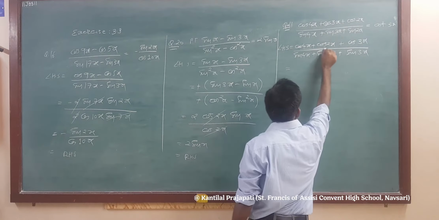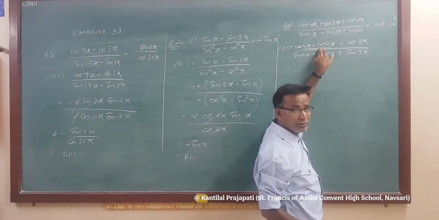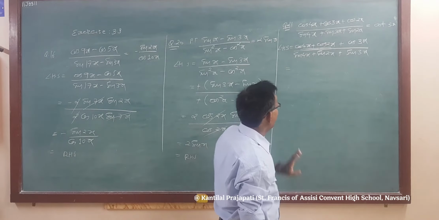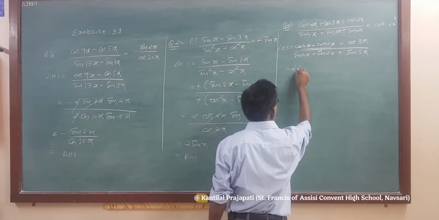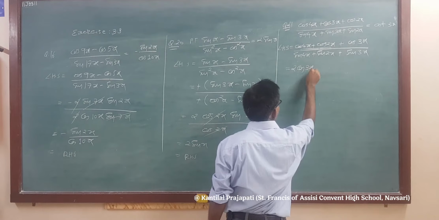So now apply the formula. Cos plus cos is equal to 2 cos cos, and sin plus sin is equal to 2 sin cos. So we write 2 cos of (4x plus 2x)/2, 6x by 2, that is 3x.